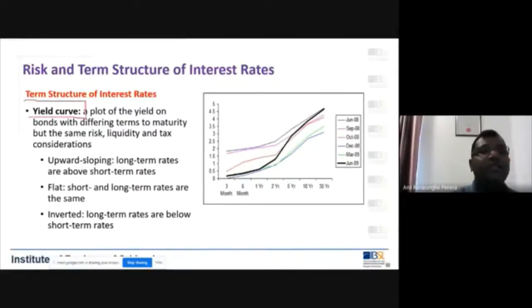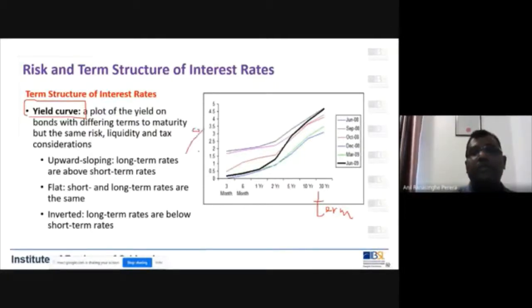That is yield curve. I think you may have heard this word yield curve. Yield curve is simply a plot showing the relationship between two things. What is this relationship? If you look at this chart, on this axis you see the term, which means the maturity period.